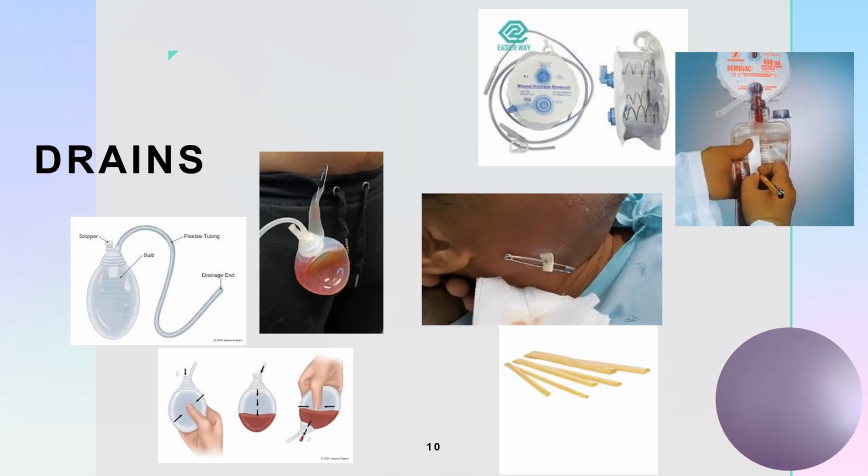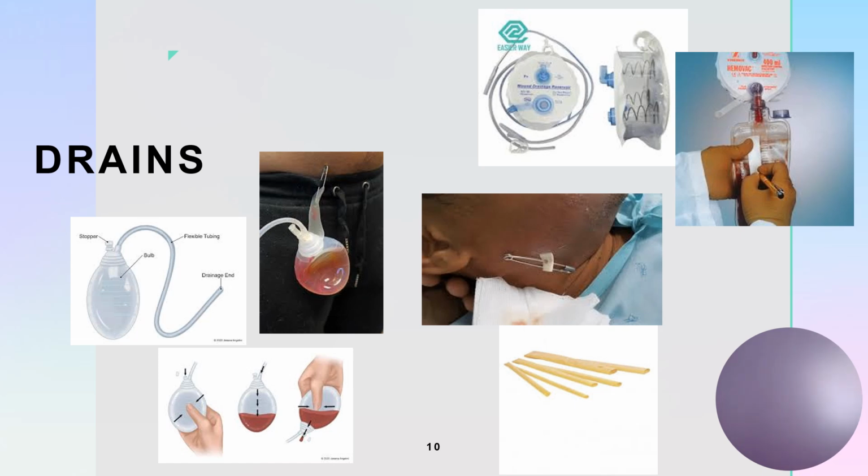We also need to be looking at drains. Drains are going to be placed to remove a collection of fluid in a wound, and they can also help remove dead space in an area where we've removed a large amount of tissue.